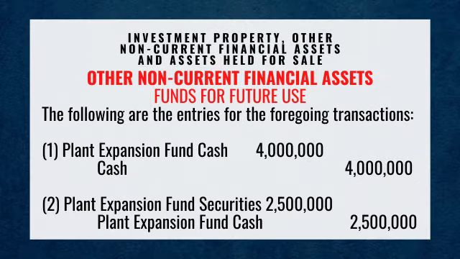The following are the entries for the foregoing transactions. Number 1, debit plant expansion fund for 4 million pesos and credit cash for 4 million pesos.